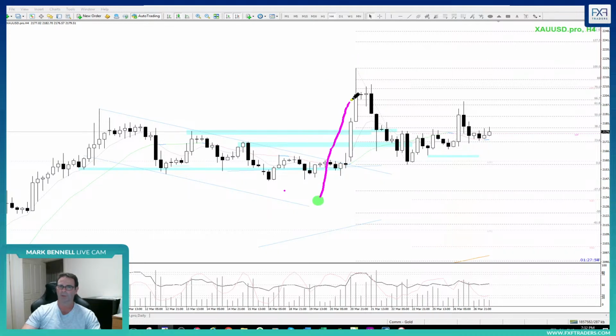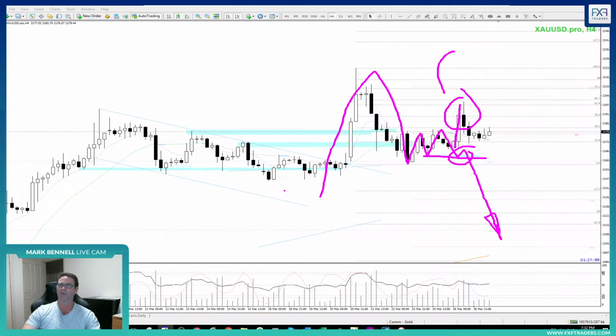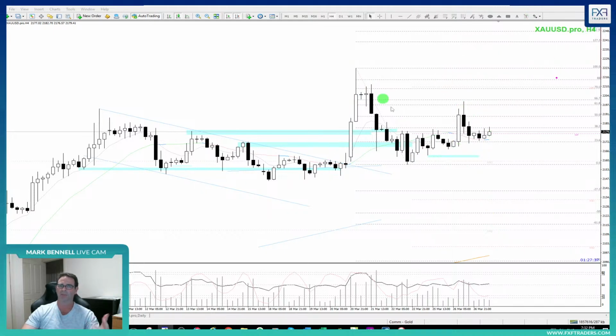Normally the V reversal like this usually continues down. So look where we were looking to find entry, but we've got momentum up. That's one of the things that can lead to failure of this pattern. It's just a macro pattern, and we're looking for micro entries off this pattern.